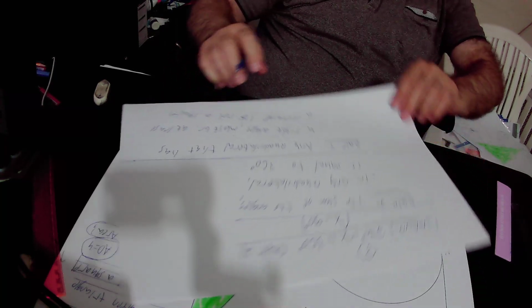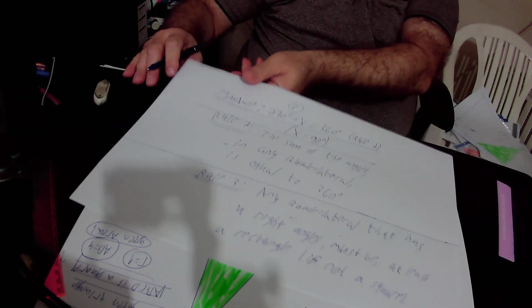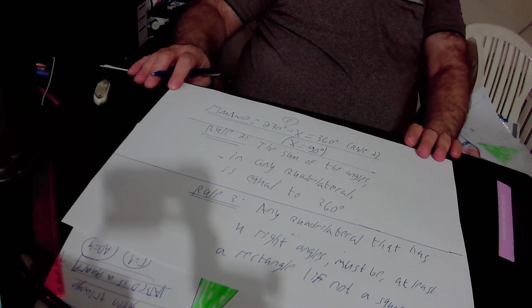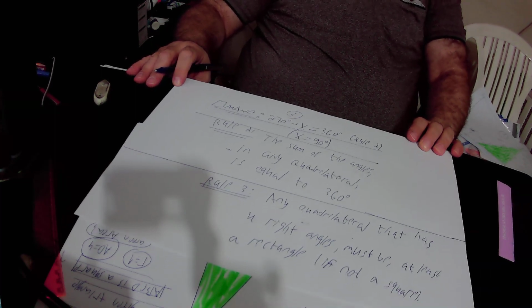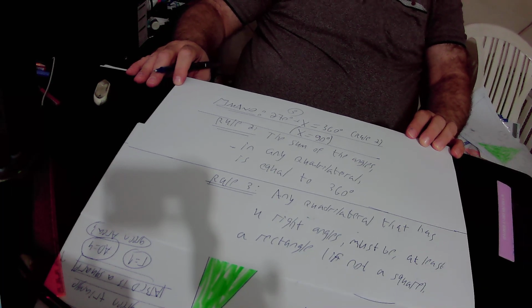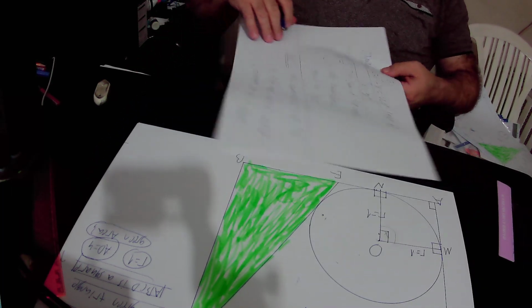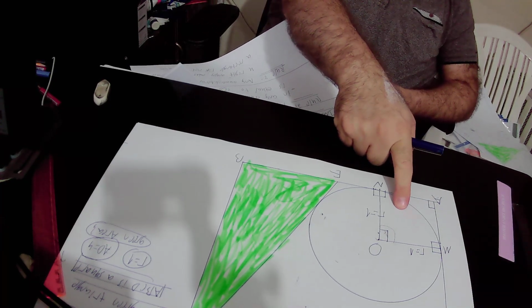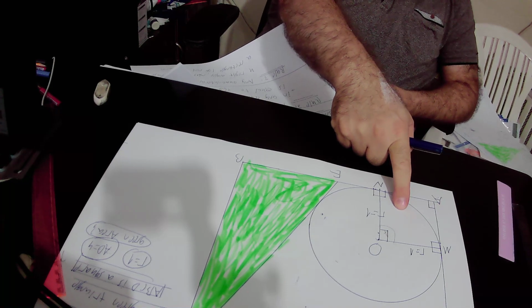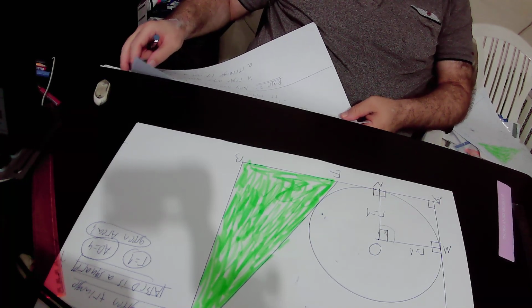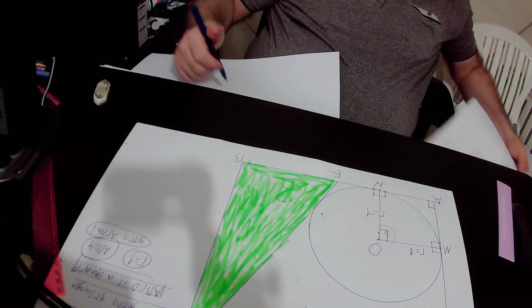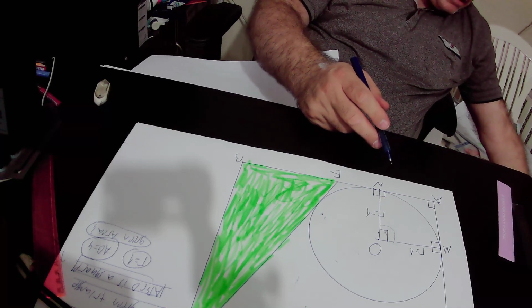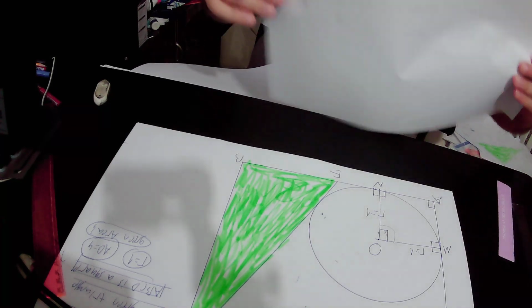So I'll read rule number 3 again. According to rule number 3, any quadrilateral that has 4 right angles must be at least a rectangle if not a square. And in our drawing, quadrilateral MOAN has 4 right angles, therefore we will relate to quadrilateral MOAN as a rectangle.